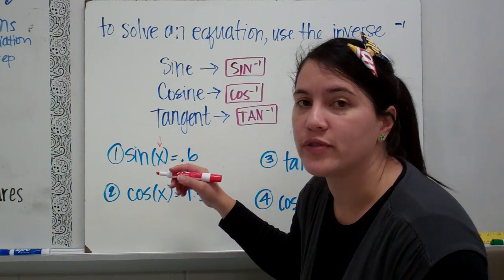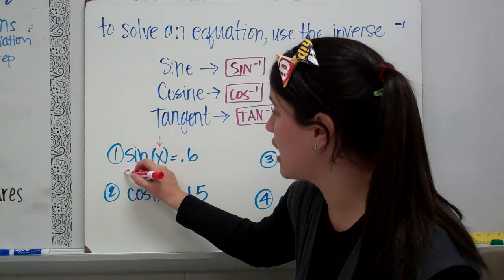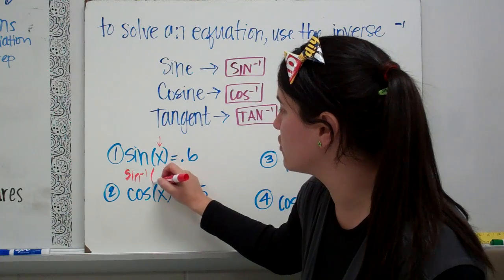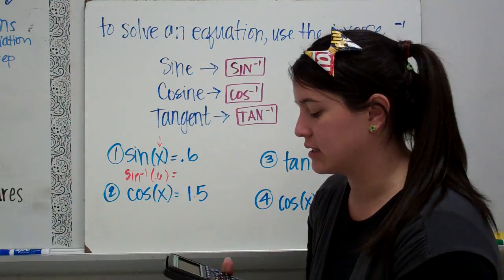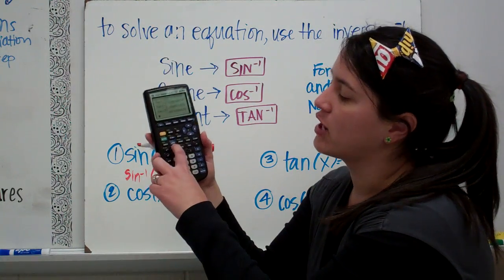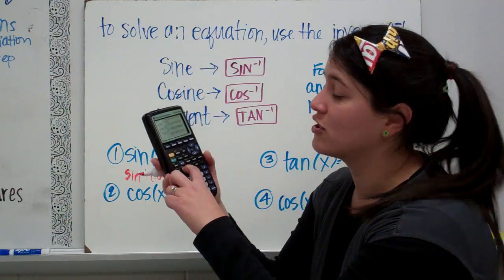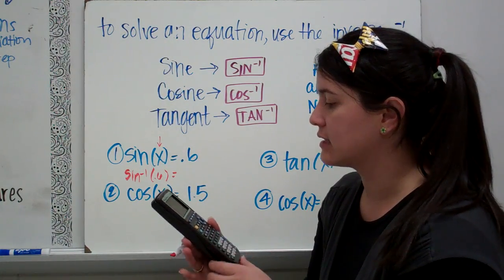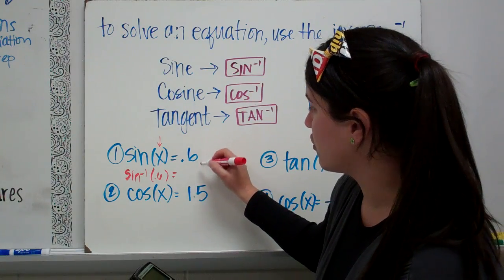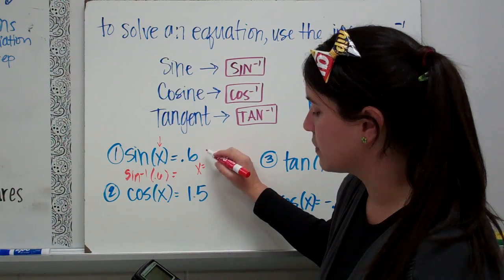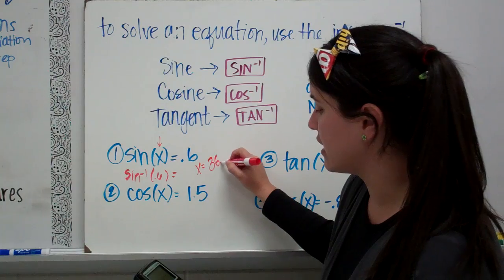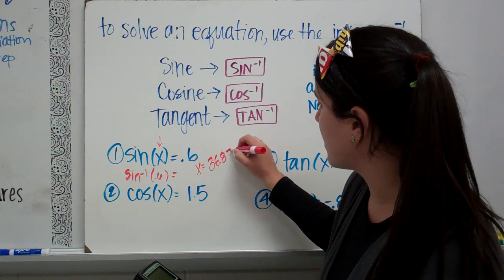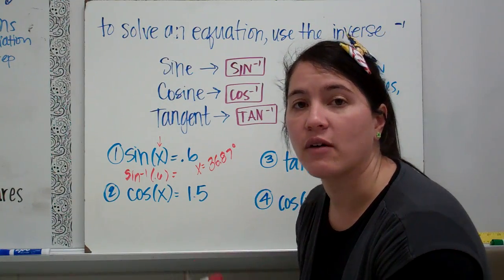We would have to use the inverse, so we would type in our calculator sine inverse of 0.6. In your calculator that's the second function of sine. So second sine of 0.6. Your final answer: x equals 36.87 degrees.